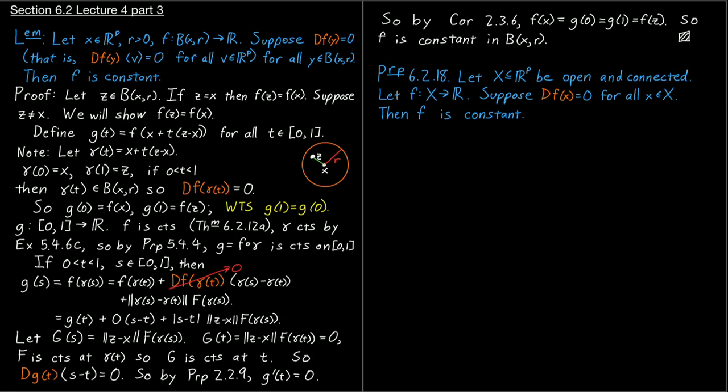If you don't happen to be in a connected set, then what f will be is constant on each connected component. And let's write out the proof.